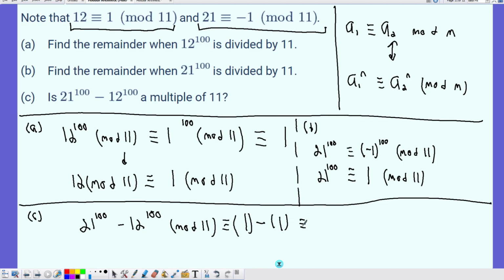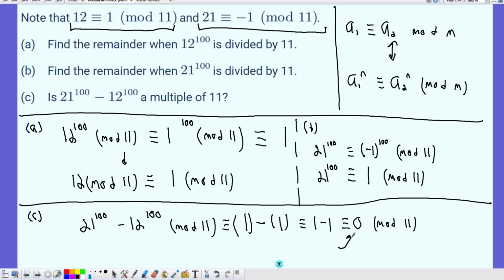But that reduces to 1 minus 1. Be careful with those subtraction signs. That's why I put the parentheses. And, well, 1 minus 1 is indeed 0 mod 11.